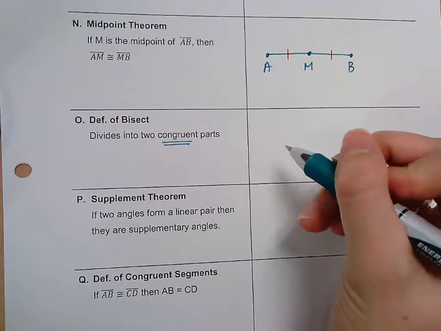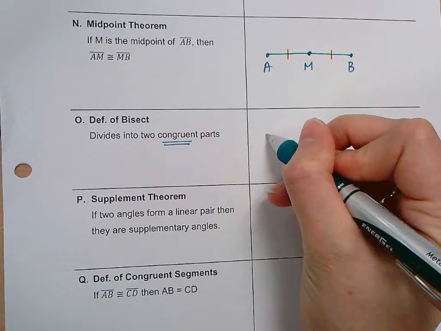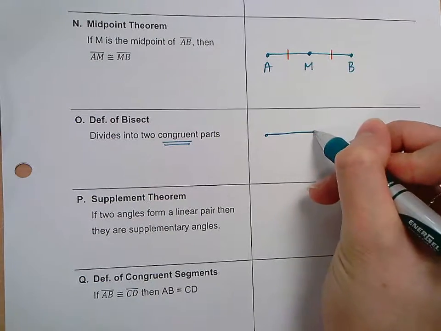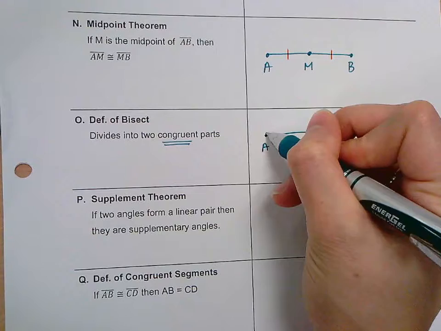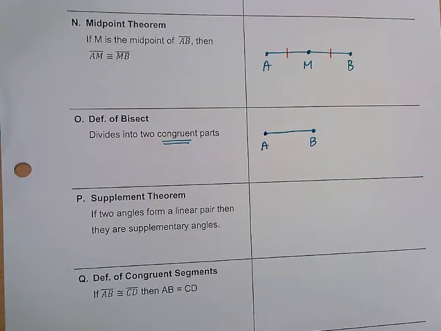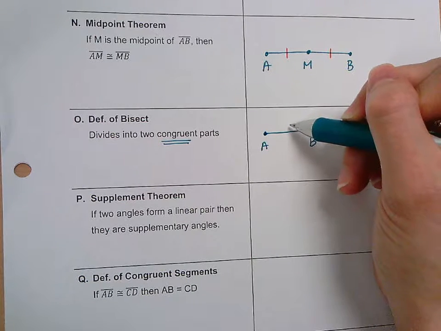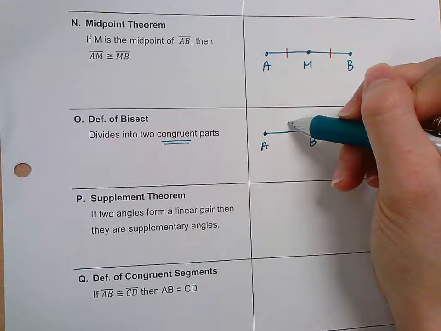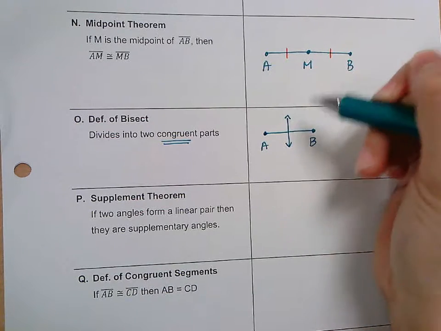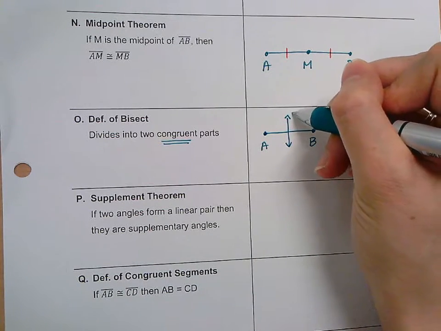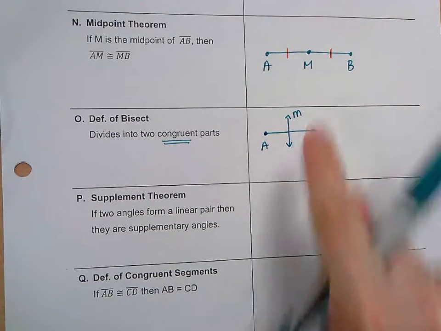Say I draw a segment and an angle example. Segment AB, and then I have this line, I'll call it line little m. And I know that this bisects it.